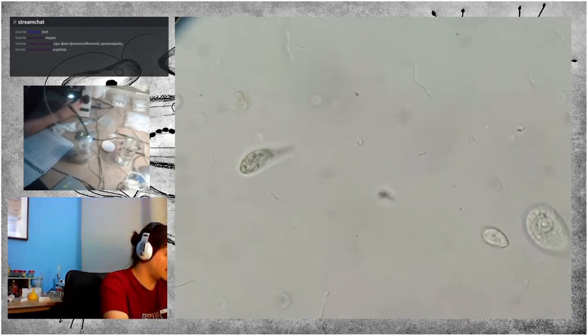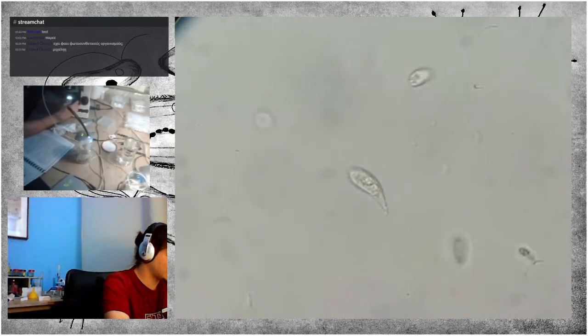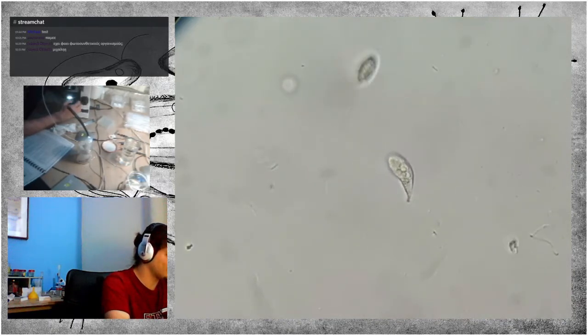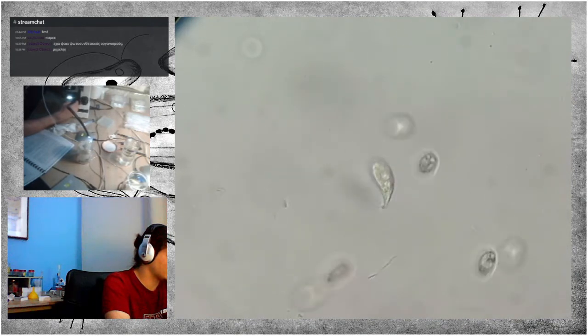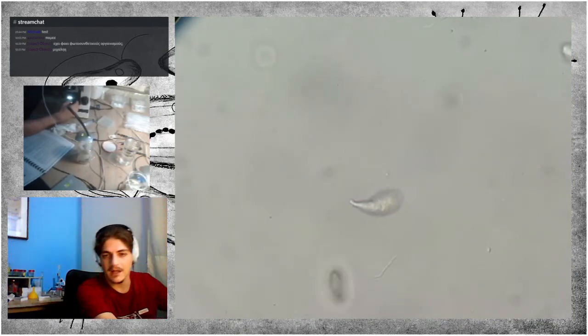But it is a ciliate. I can see the cilia in the smaller part, the more sharp or pointy end. There are clearly moving cilia.